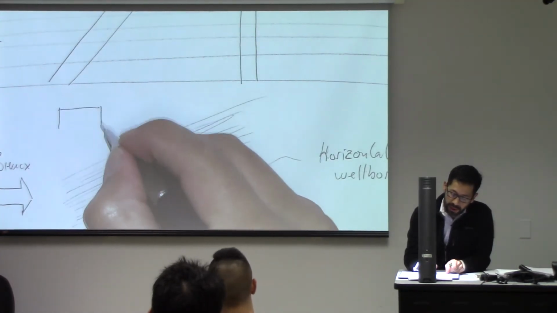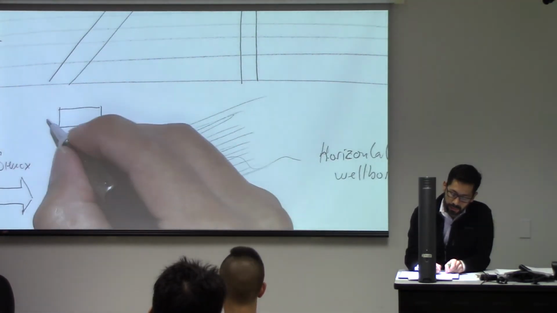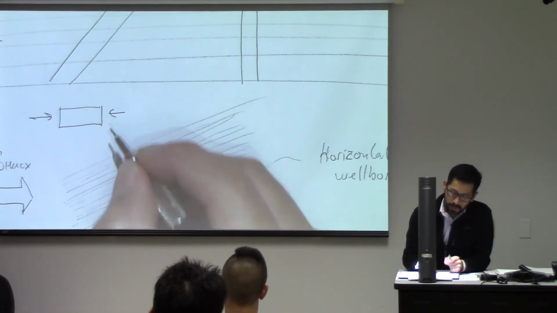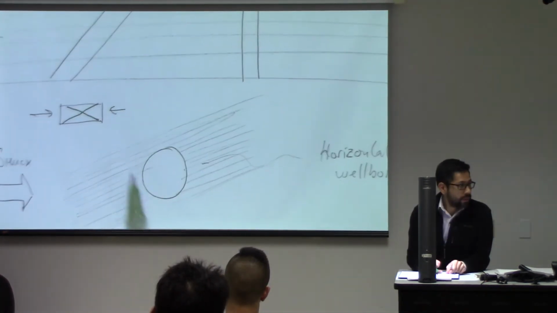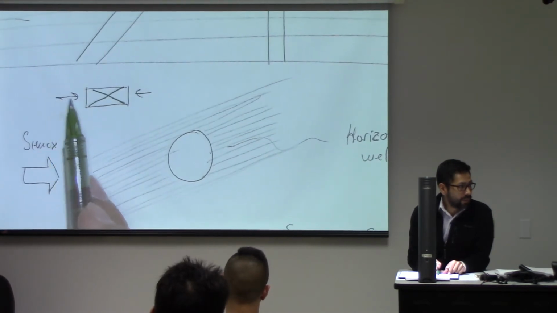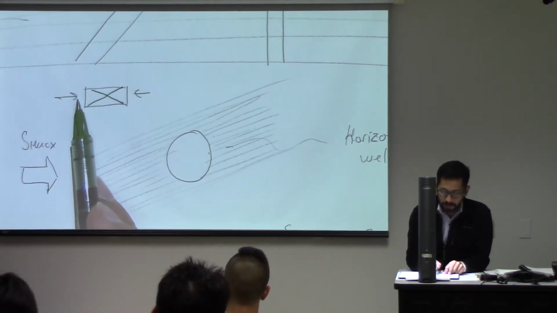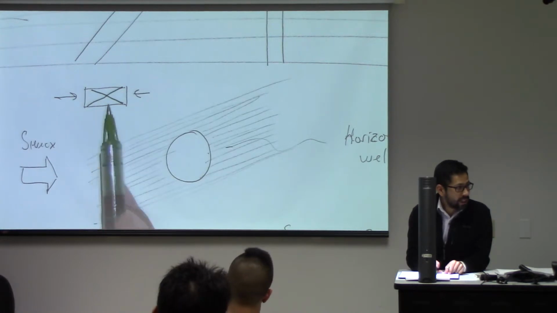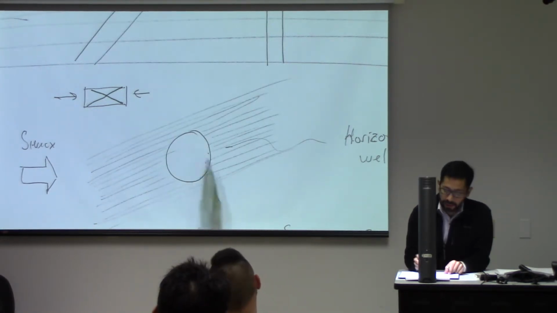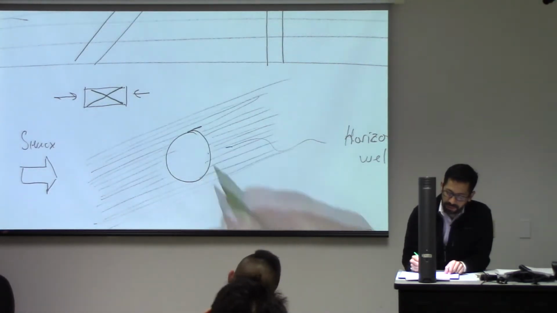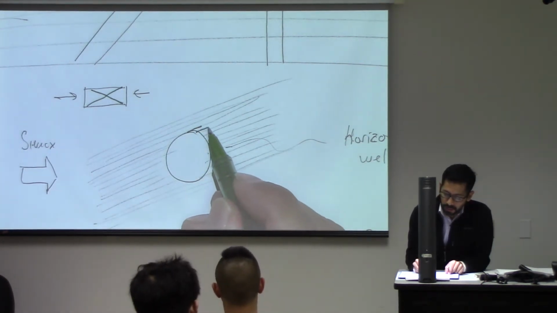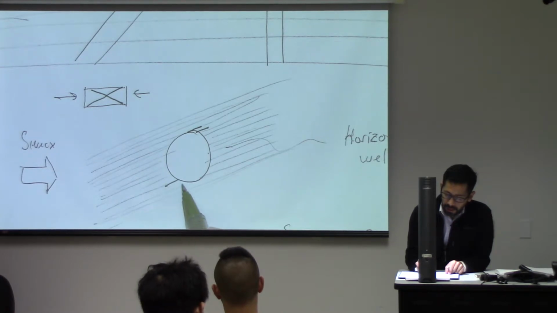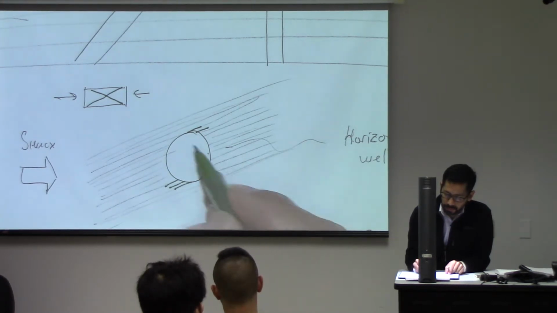This is the same as running a test like this. And you expect to have fractures at an angle from this maximum stress. If you take the same thing, but now smaller over here, you will expect to have fractures that actually coincide with those planes of weakness. And same here and there.